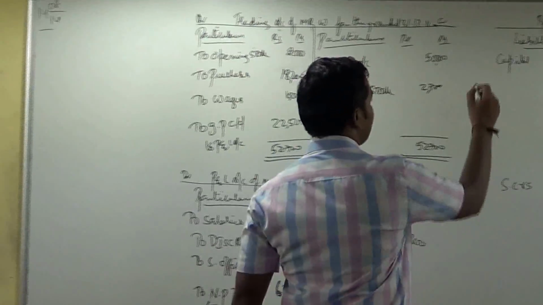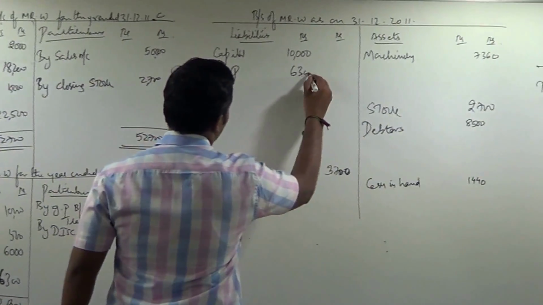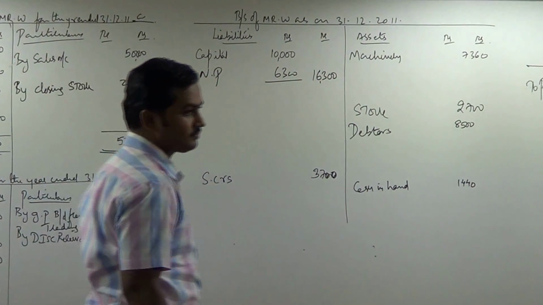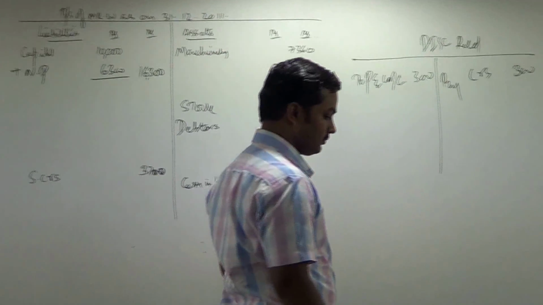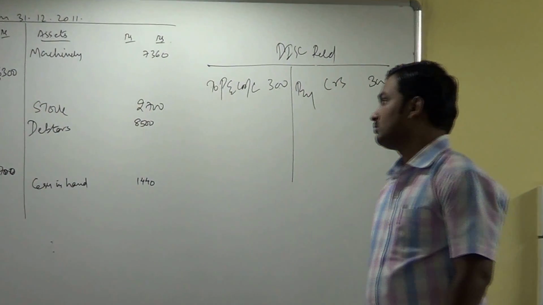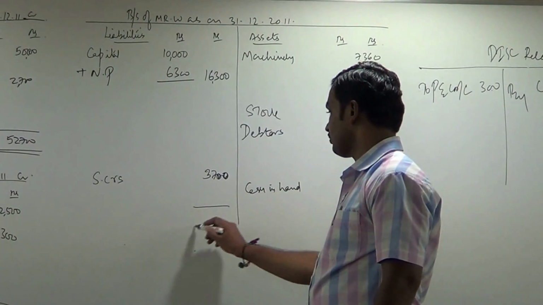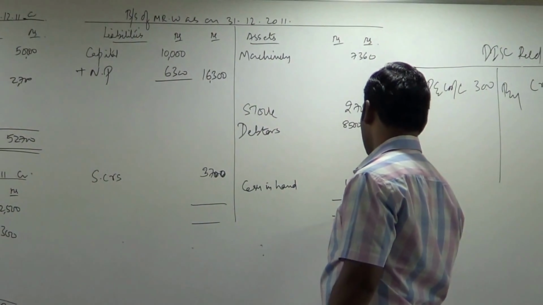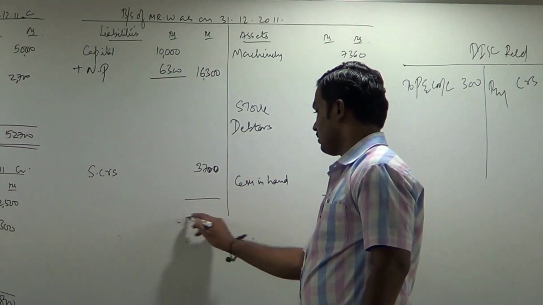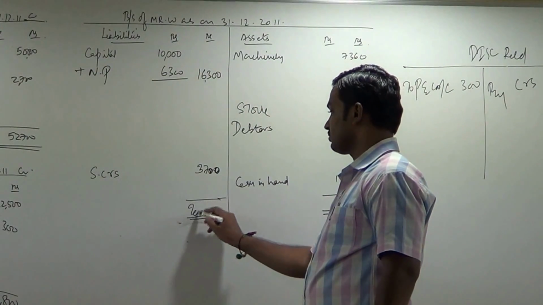So right here add net profit 6,300. Outer column 16,300. How much is it?